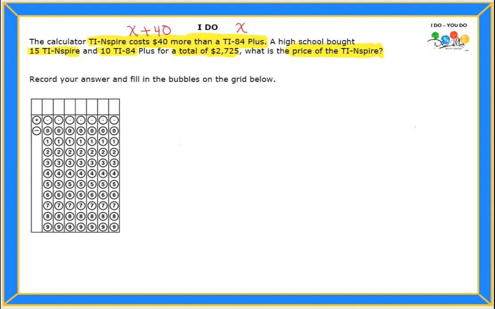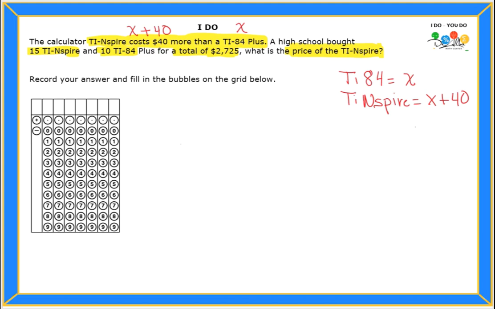I'm going to write it down on the side. This is my TI 84, and that will be represented with X. Then I have the TI Inspire, and that will be represented with X plus 40. Remember, the Inspire is $40 more than the 84, right?